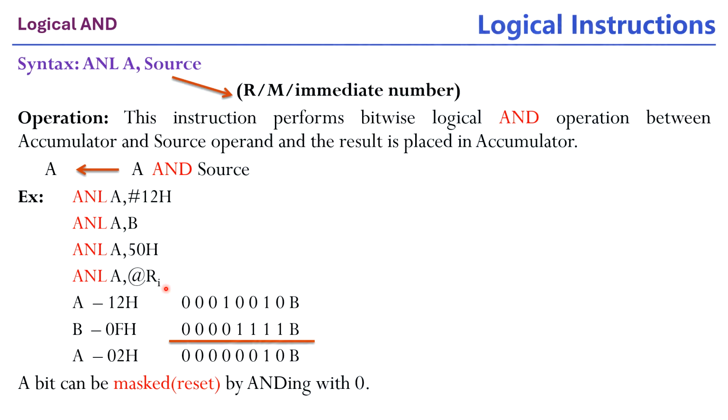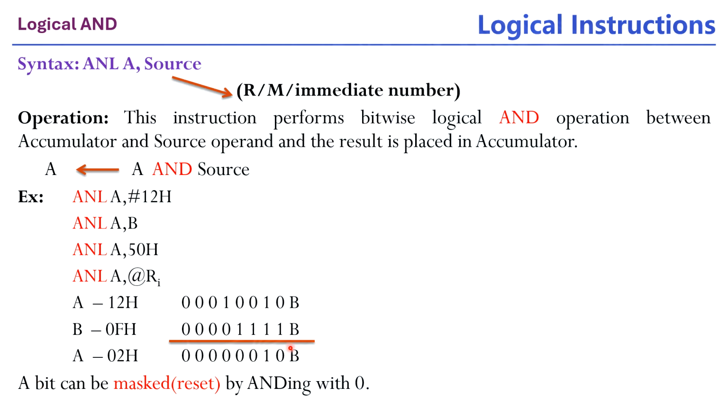We can put R0 or R1 here; either can be used. A is 12, and we can consider here the binary number of this hexadecimal number. B is 0F, and this is its binary number. The result will come in the accumulator A.